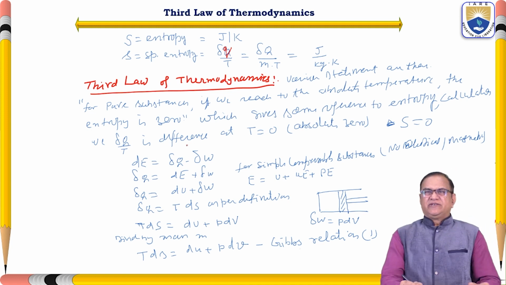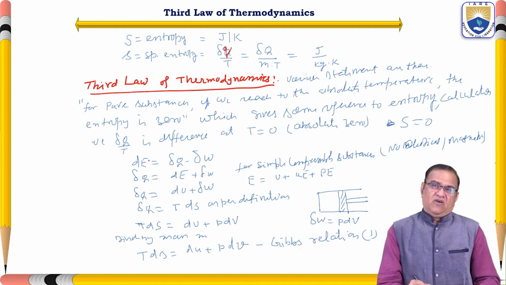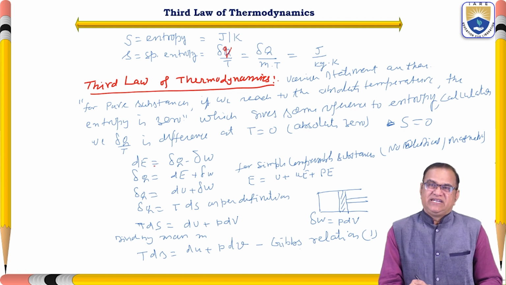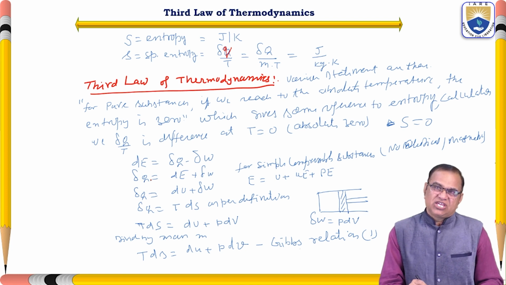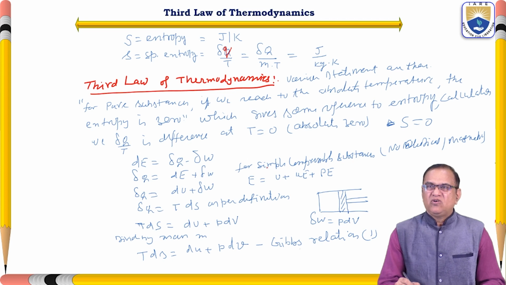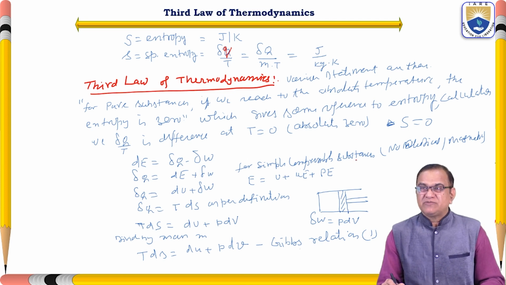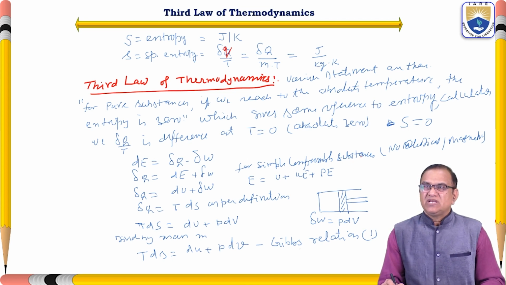We know from the first law that dE is equal to del Q minus del W, or del Q is equal to dE plus del W for simple compressible substances. We can make this E equal to U plus kinetic energy plus potential energy.